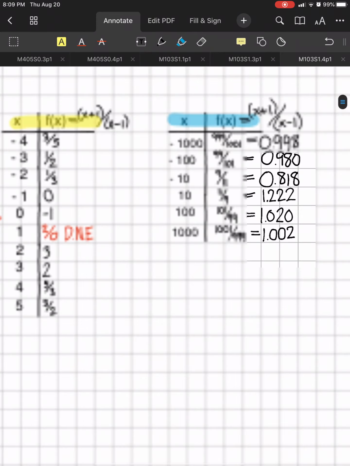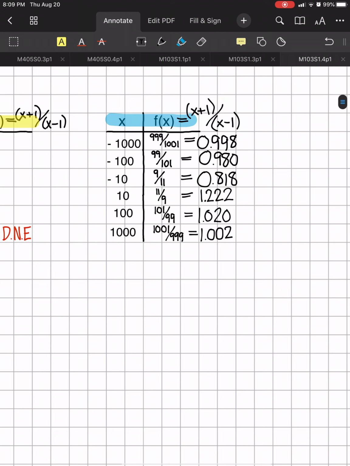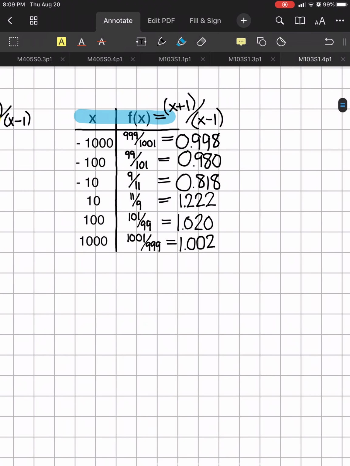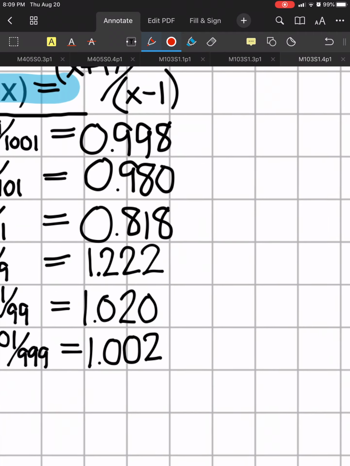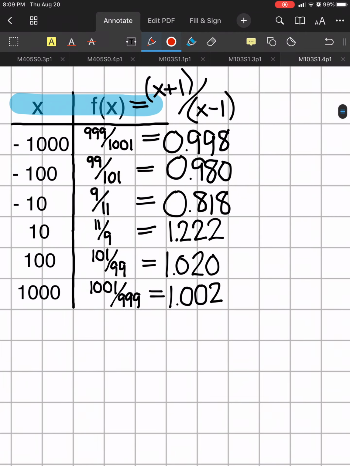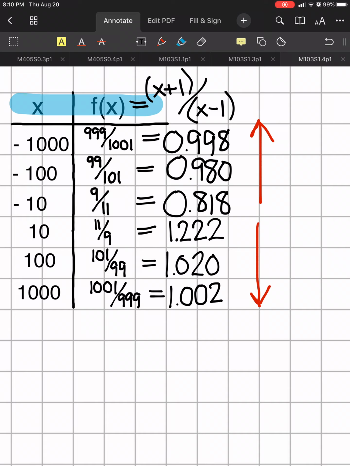So what you'll notice here, if we're looking at these values, especially as we go further out, so away from 0, either towards infinity or towards negative infinity. In other words, bigger values but with a minus sign on them. Either way, it looks like we're closing in on this value here.